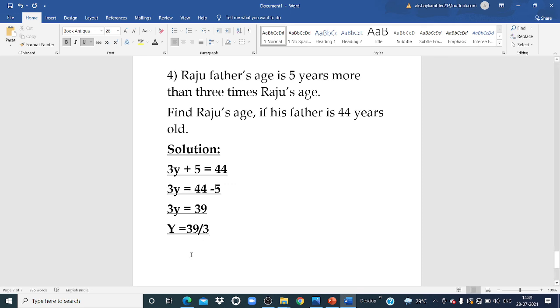So 39 divided by 3, and the answer is y equal to 13. Right? So Raju's age is 13 years. You can cross check also, put the value of y in the given equation. You will get the same LHS equal to RHS.